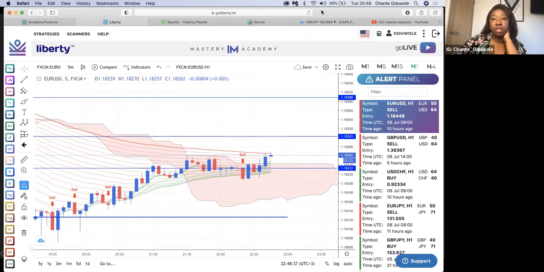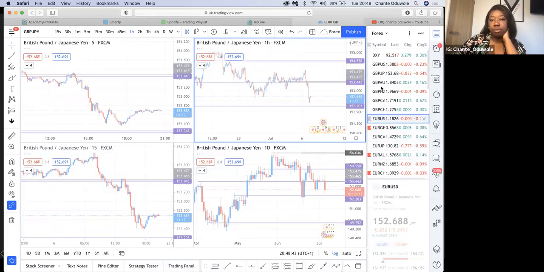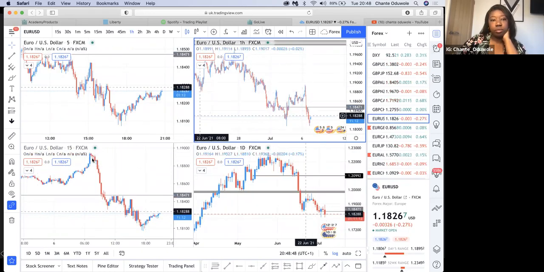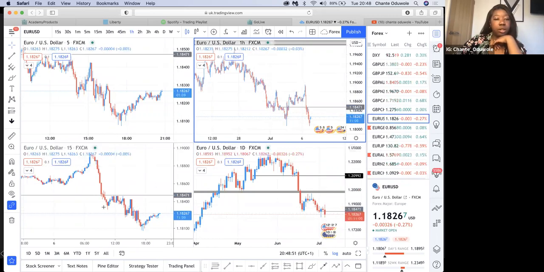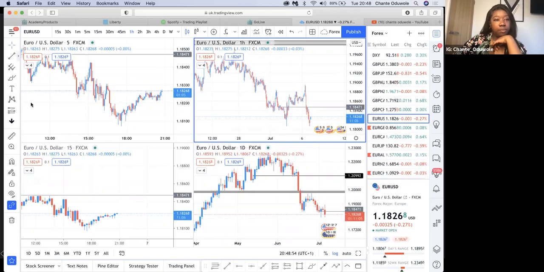If I go and look at this same currency, EUR USD, on Trading View, this is where I go and look as my backup. Once again, as I said, it respects 1 hour and 15 minutes. I'm going to zoom in.